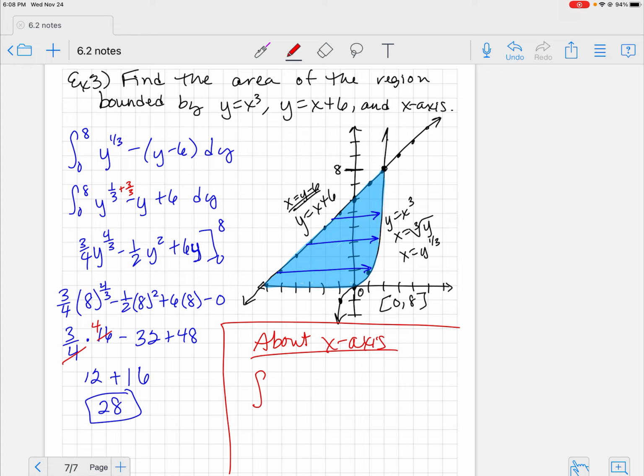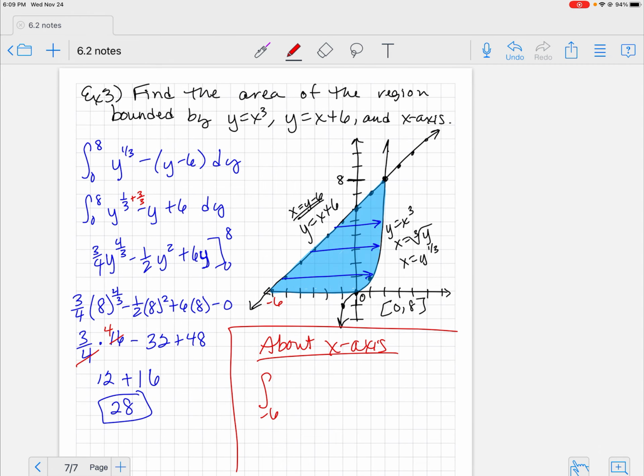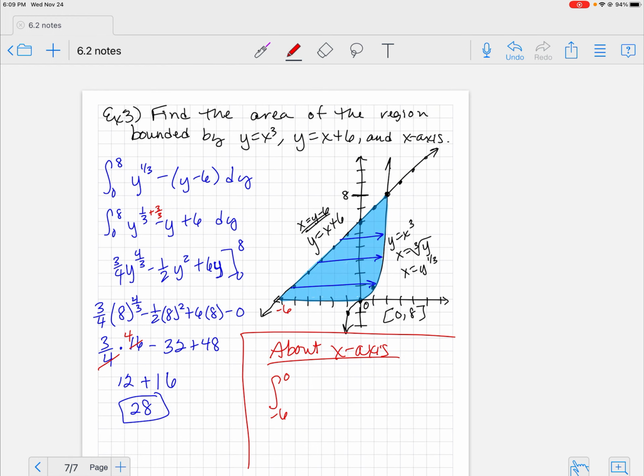What is this? 1, 2, 3, 4, 5, 6. This is a negative 6. I could go from negative 6 to 0 of my x-axis here, top minus bottom, sorry. X plus 6 minus 0 dx, right?